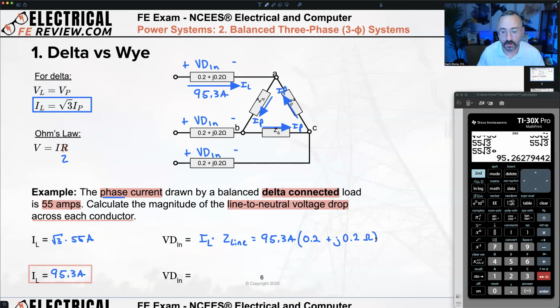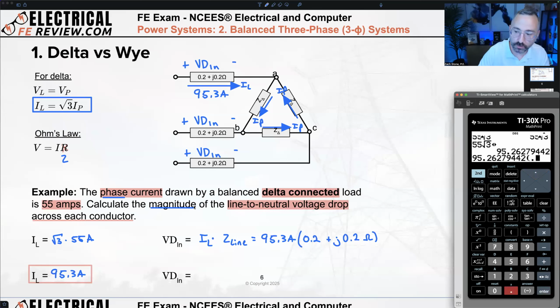What does everybody get for just the magnitude of the line to neutral voltage drop? So in my calculator, here's my line current. Just going to bring that back down. I'm going to use parentheses and multiply that by 0.2 plus j0.2. Again, we have a magnitude for our line current and a complex impedance. When I multiply the two, I'm going to get a complex number for my voltage drop.